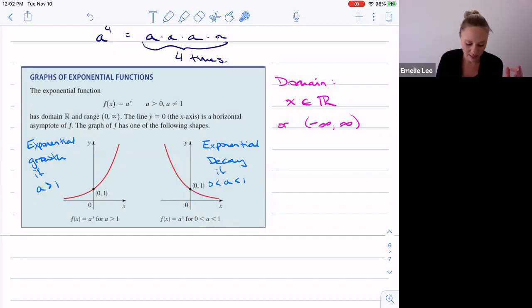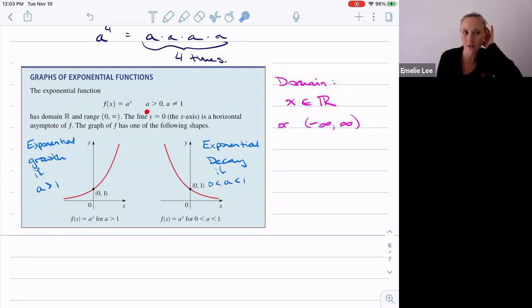The reason we can't have negative values is that I don't have a negative base, right? So right off the bat, I've established that a is greater than 0. So I'm not able to have a negative 3 to the power of 15, for example, which would give me a negative number because it's an odd power.